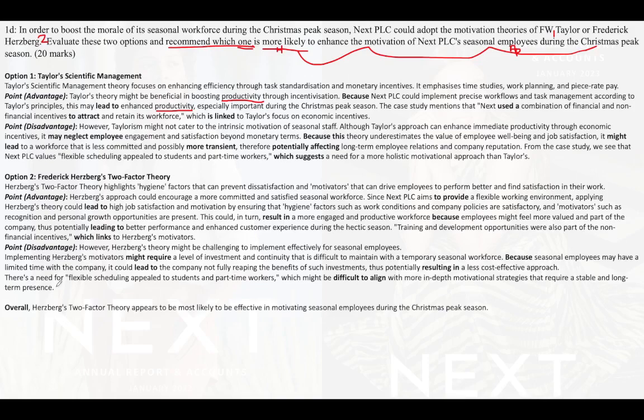All right, I suppose. Overall, before we write our conclusion, we go back to the question. We've got two options. More likely to enhance motivation of seasonal employees at Christmas time. Herzberg's two-factor theory appears to be the most likely to be effective in motivating seasonal employees during the Christmas peak season.